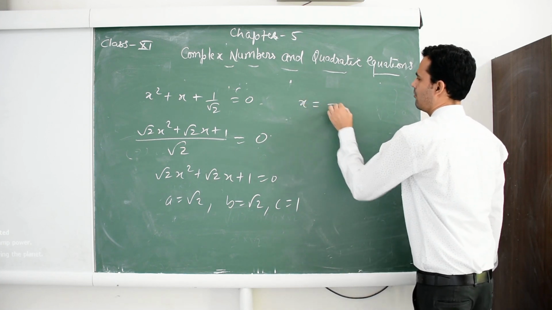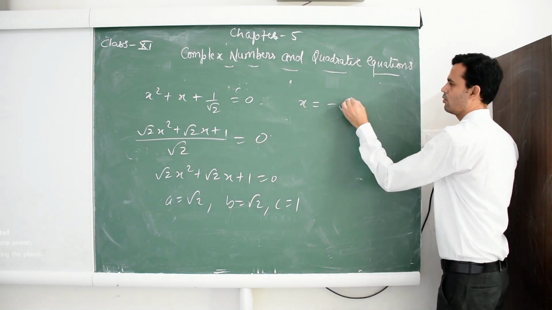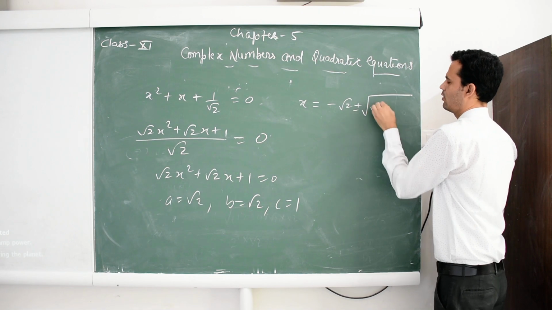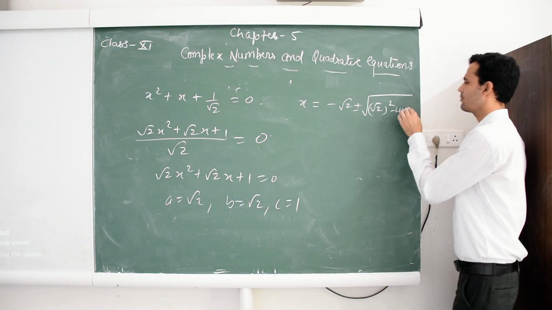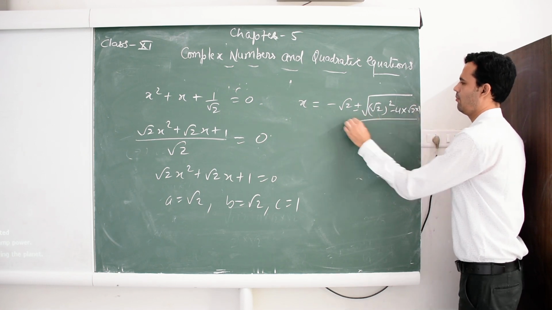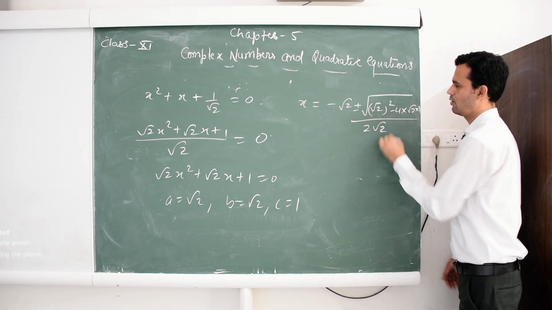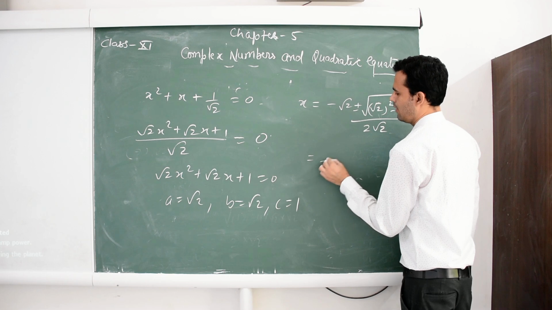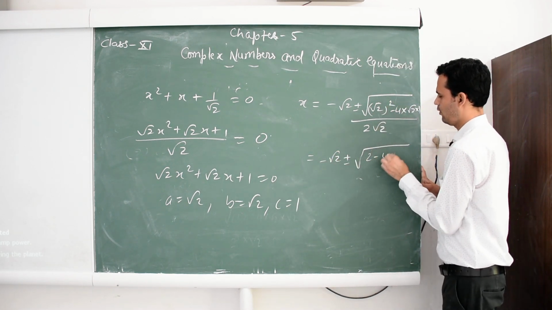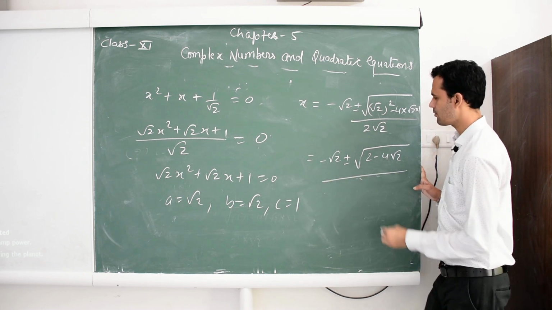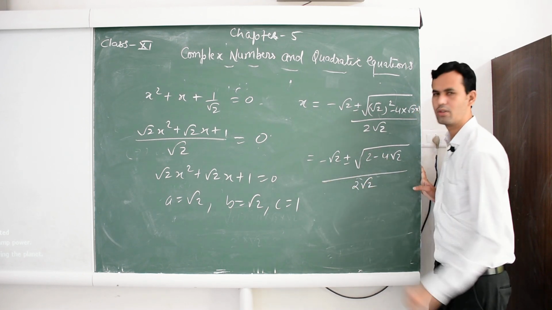By formula, minus b, so minus root 2 plus minus under root b square minus 4 into a into c upon 2 into root 2. So minus root 2 plus minus root of 2 minus 4 root 2 upon 2 root 2.